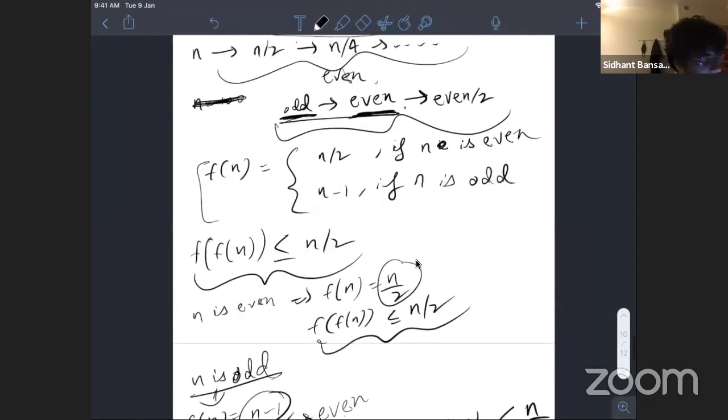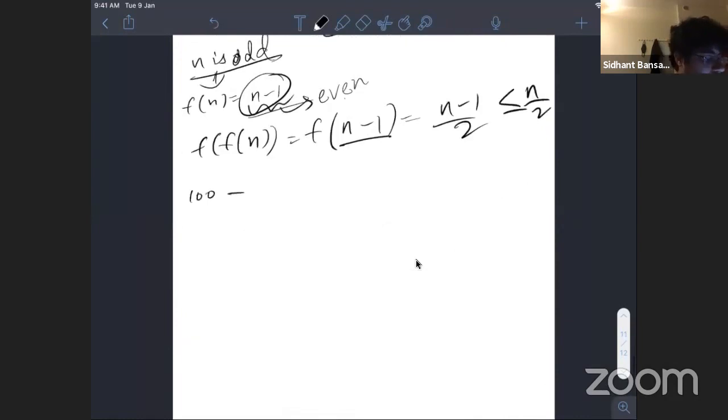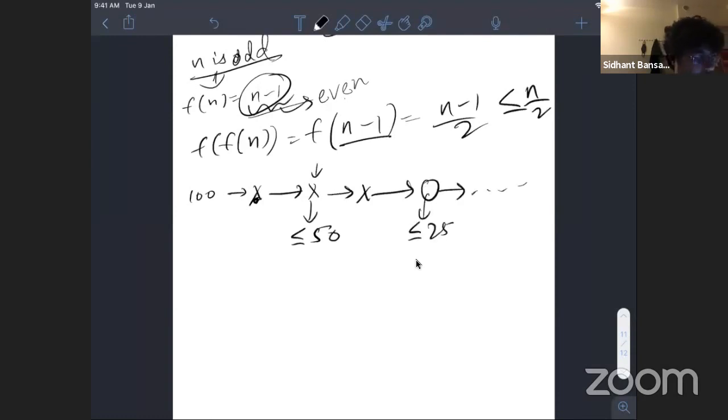So basically, after every 2 steps, you would have dropped your exponent by at least half. Let's say originally the exponent was 100. After 2 steps, the exponent is definitely going to be less than or equal to 50. Then again, after 2 steps, the exponent is again going to be definitely less than or equal to 25 and so on.